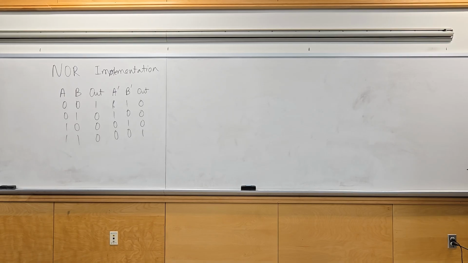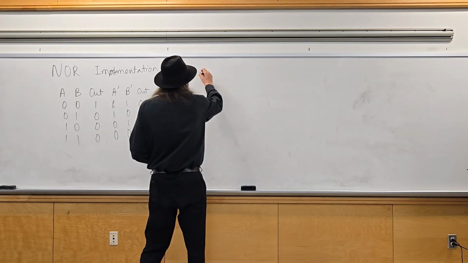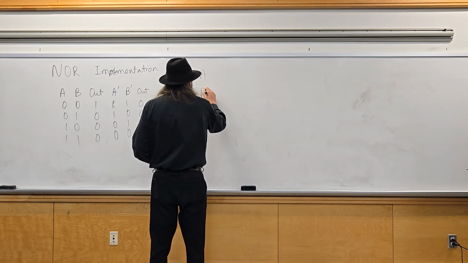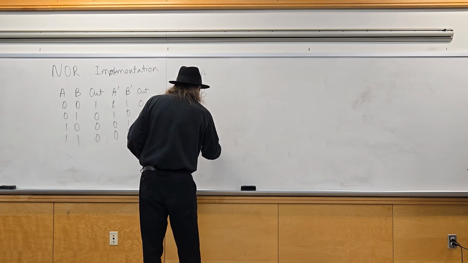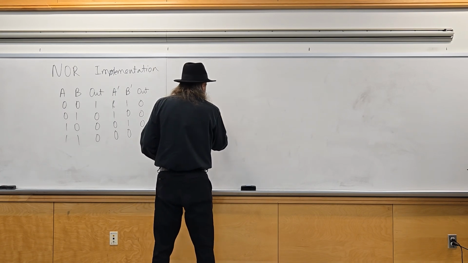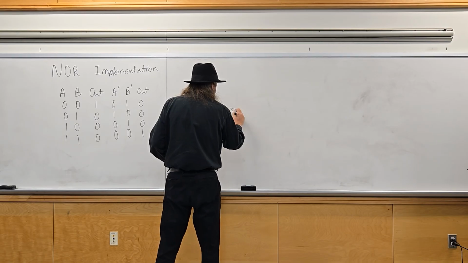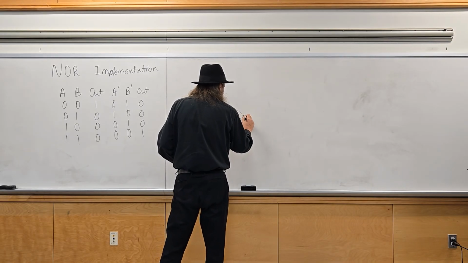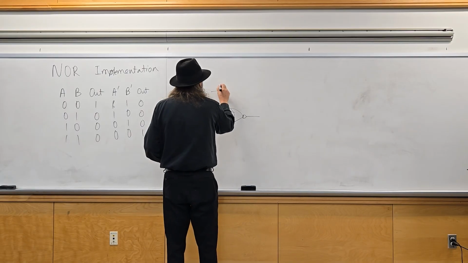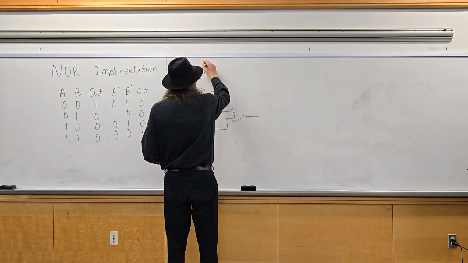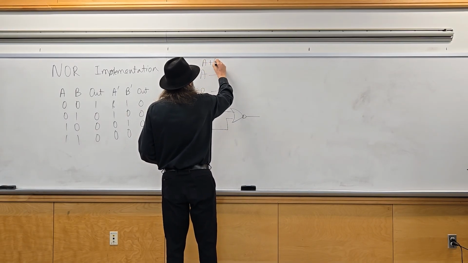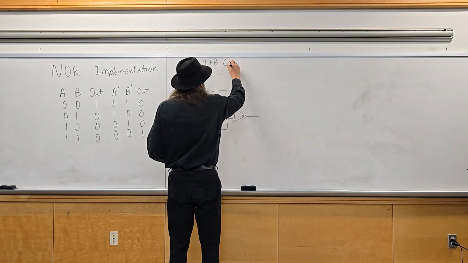A plus B times C plus D. So A, B, C, D. Go to a NOR gate. This is A plus B, C plus D.